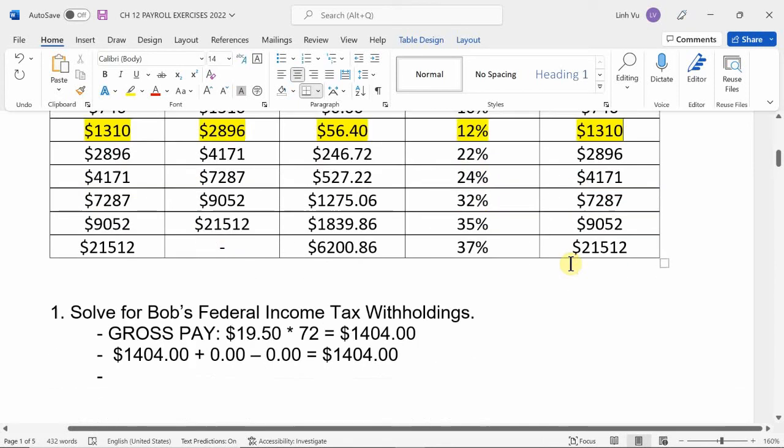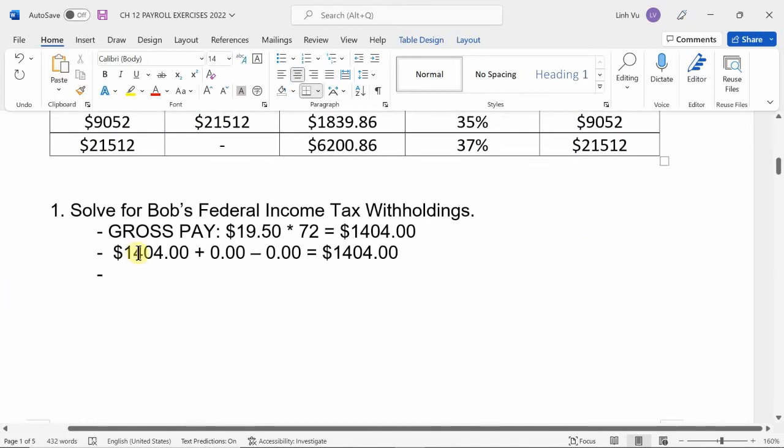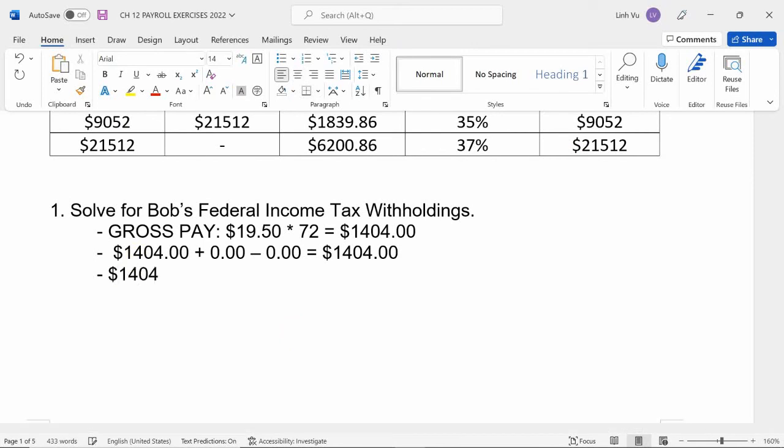So let's calculate his extra earnings. He's earned a total of $1,404, and the government's going to let him keep $1,310. Therefore, he has earned in excess a total of $94.